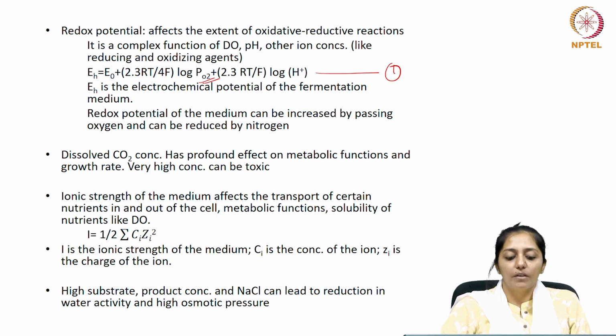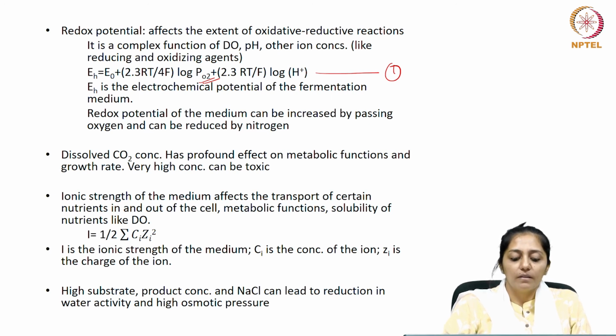Dissolved carbon dioxide concentration also has a profound effect on metabolic functions and growth rate, especially in case of plant cells or animal cells. And very high concentrations can also be toxic. Then ionic strength of the medium. This can affect the transport of certain nutrients in and out of the cell, its metabolic functions, and the solubility of nutrients like that of dissolved oxygen.